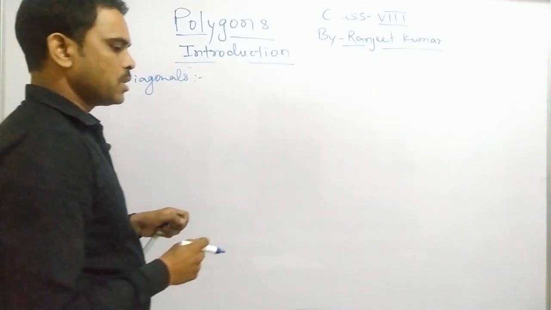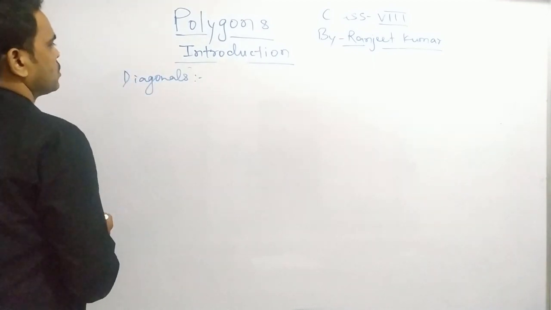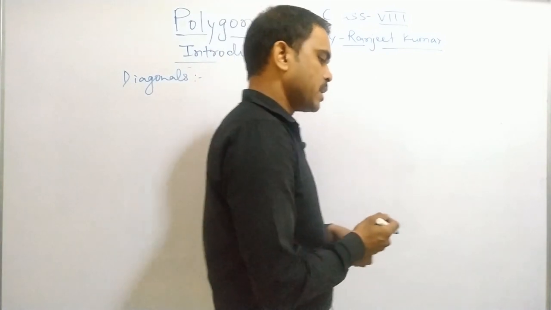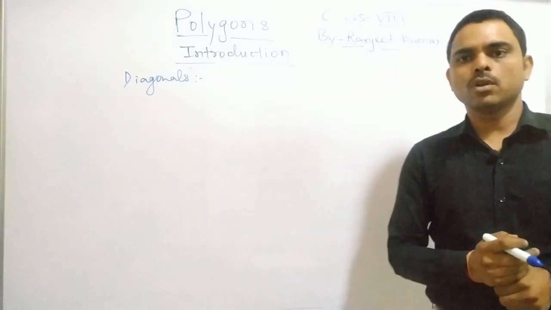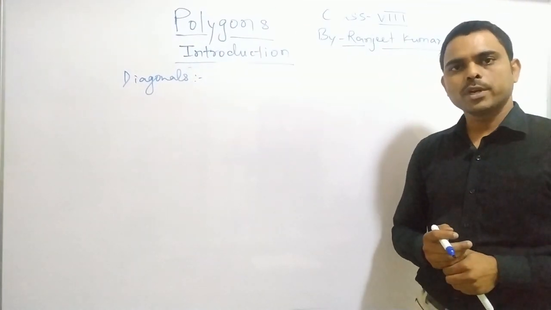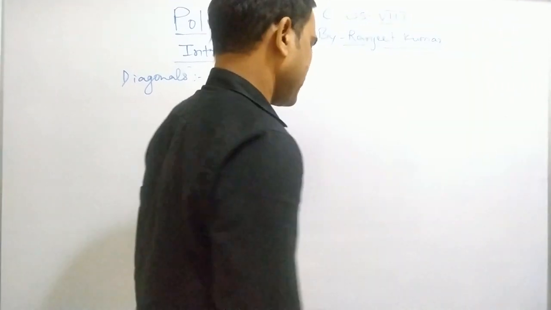A diagonal is a simple line segment which we get by joining non-consecutive points of a polygon.